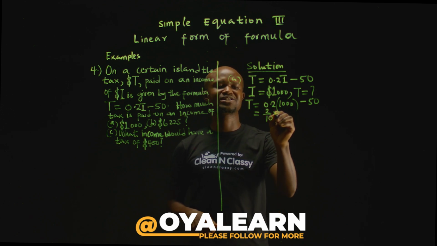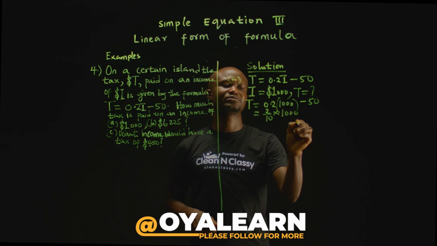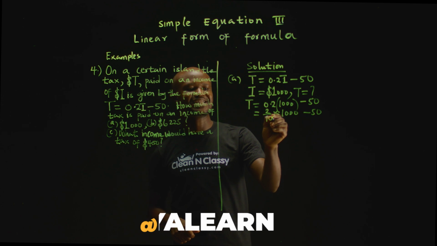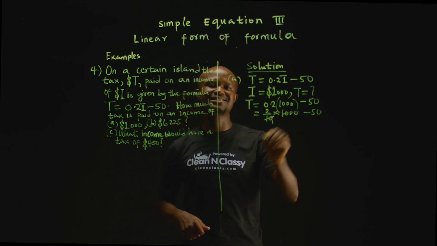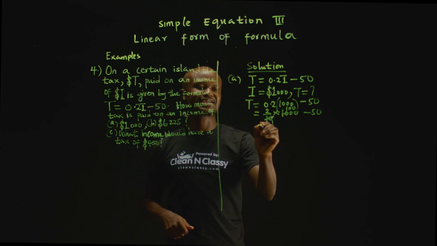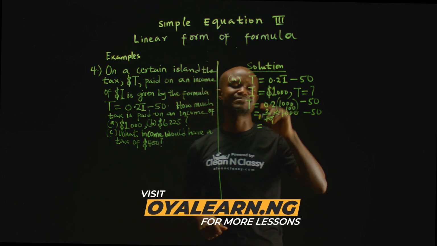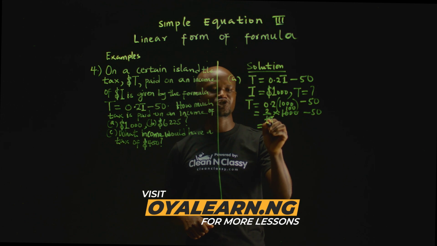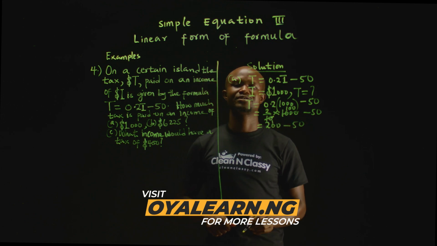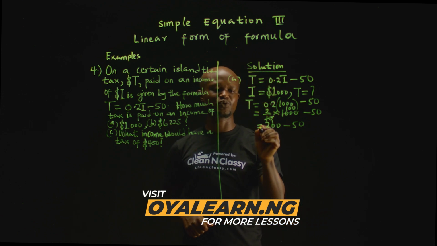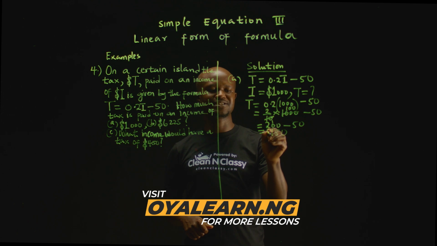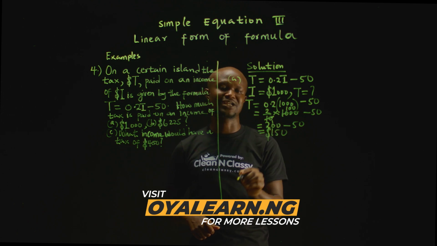Then times 1,000 minus 50. Now, 10 here 1, 10 in 1,000, what do we have? That is 100. So 2 times 100, what do we have? That's 200 minus 50. Now 200 minus 50, what are we having? 150. So it means this is $150.